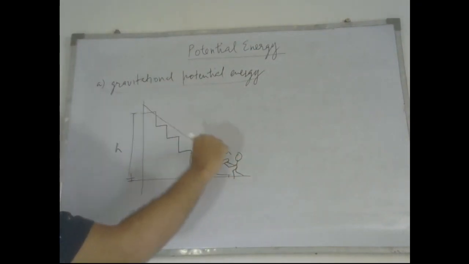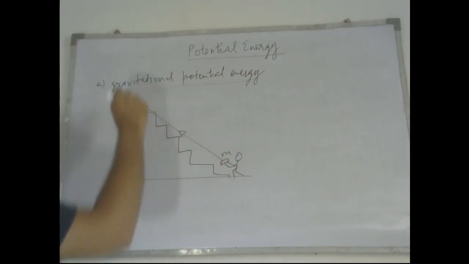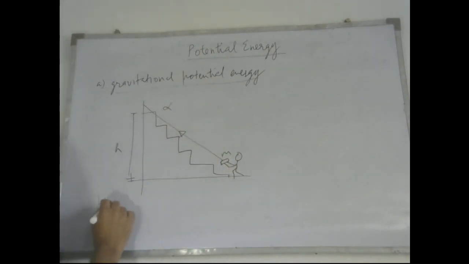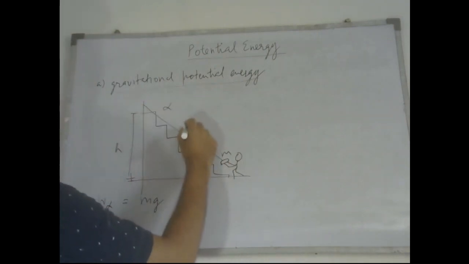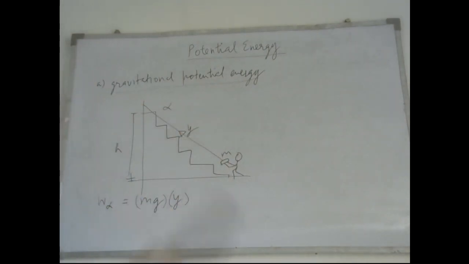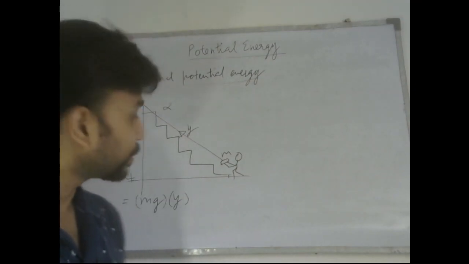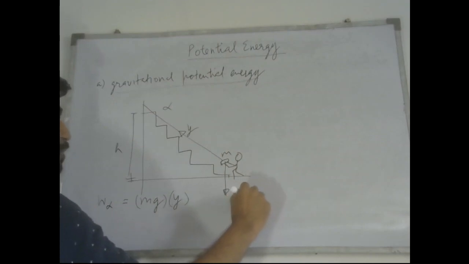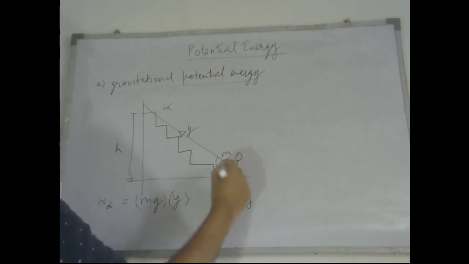We can directly take this mass along the stairs. Let's say this path is alpha. So what would be the work done along path alpha? We would say the gravitational force acting on it, that is mg, the displacement along the path, that is y, and the angle between displacement and gravitational force. This angle is an obtuse angle.